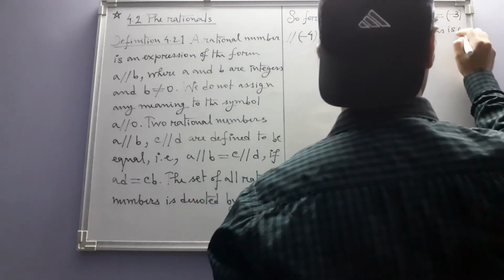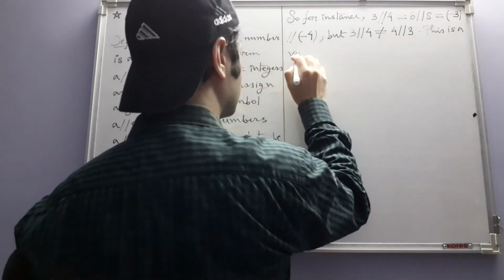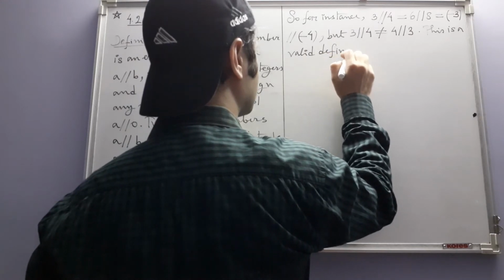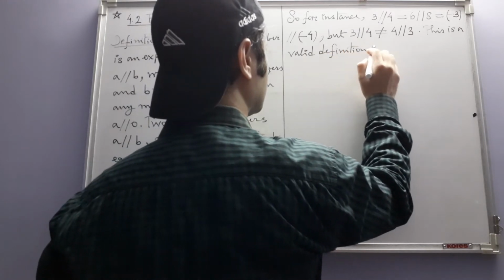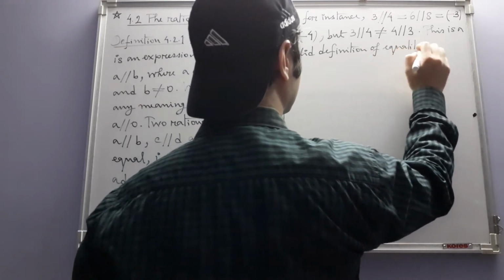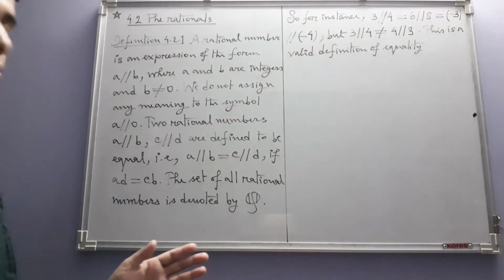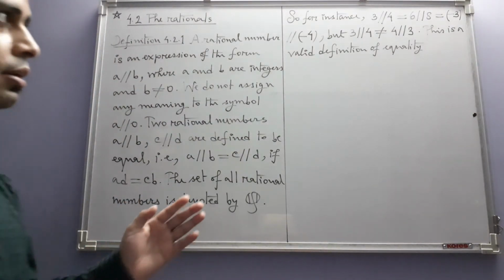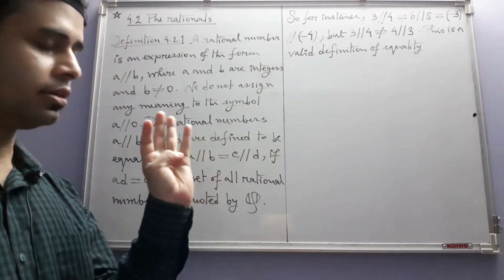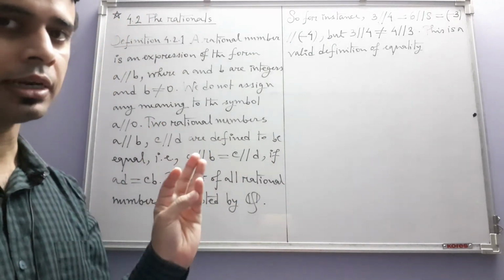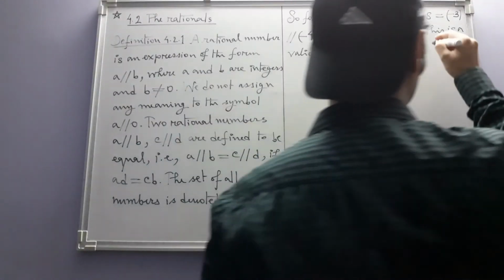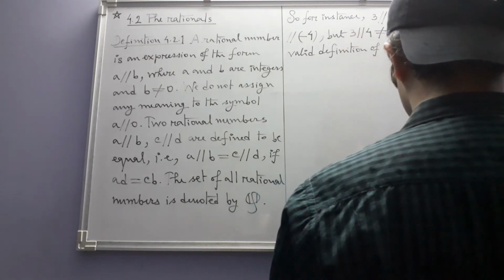This is a valid definition of equality. And by now you already know what we mean by this. Such a relation is a valid definition of equality if it is reflexive, symmetric, transitive, and it satisfies the substitution axiom. So this will be handled in exercise 1.